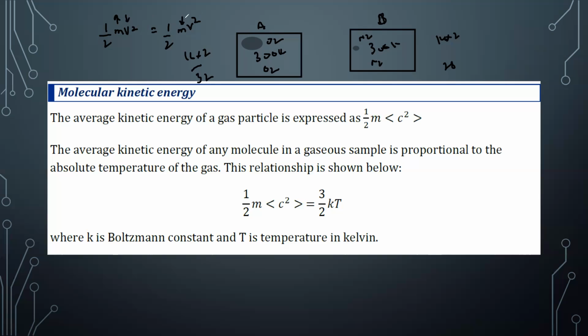Nitrogen has less mass, so its particles will move faster. So when we work out the root mean square speed, here the molecules will move faster, here the molecules will move slower. But the half mv square for oxygen should be the same as half mv square for nitrogen, because they are at the same temperature. So even in a mixture of gases at the same temperature, the one which is lighter will move faster and the one which is heavy will move slower.